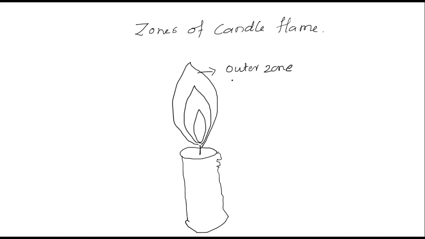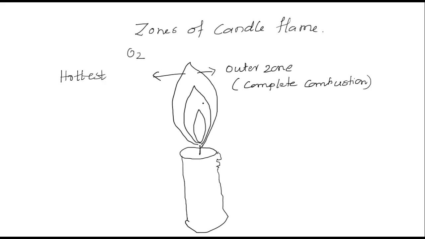In the outer zone, complete combustion is possible. Why complete combustion here? It is more exposed to oxygen outside, easily available. We know that for combustion, oxygen is required. The more the oxygen, the better the combustion process is, and therefore this part is hottest.